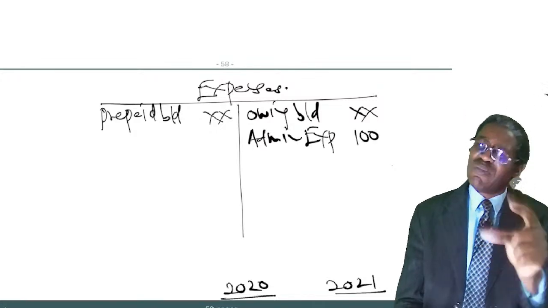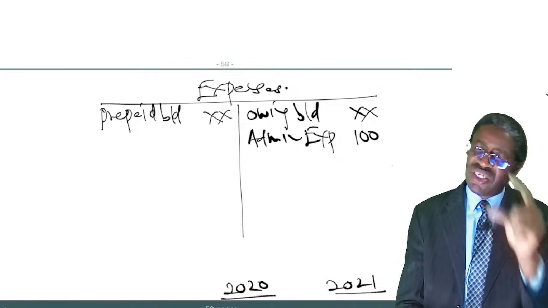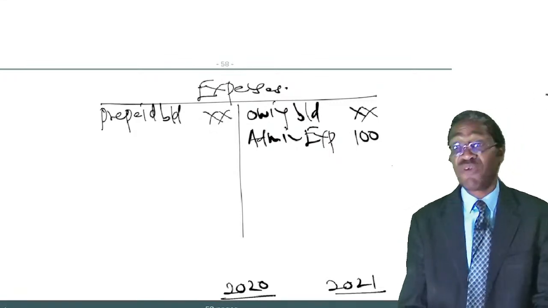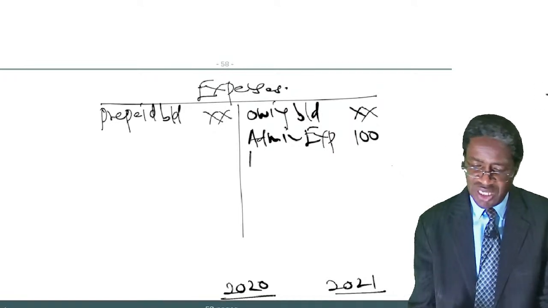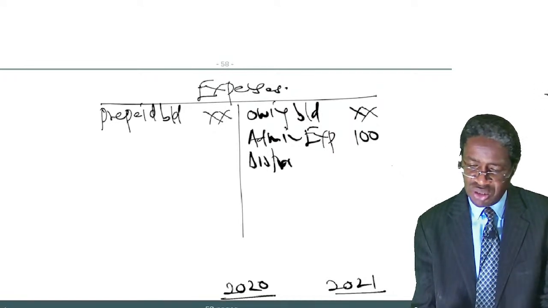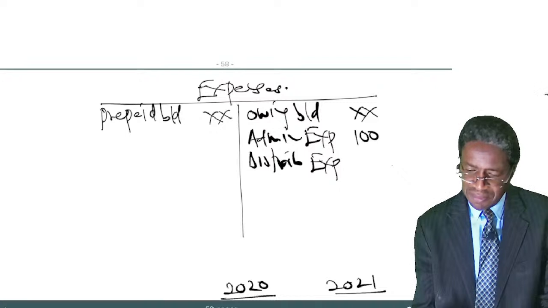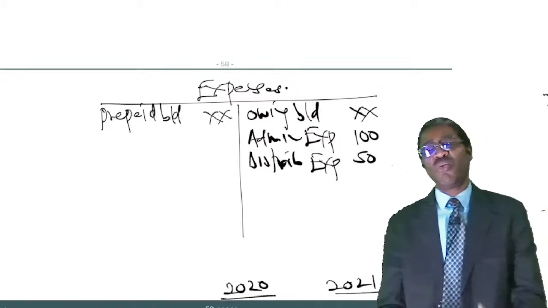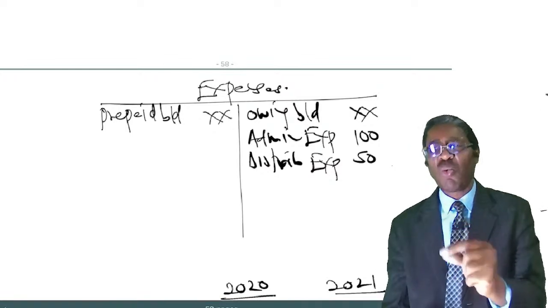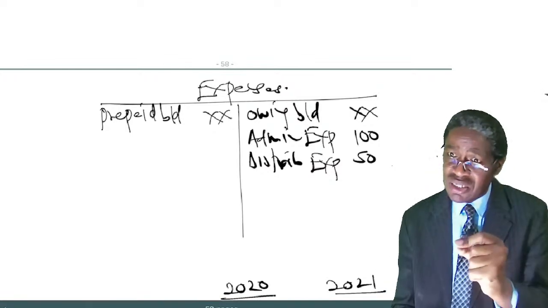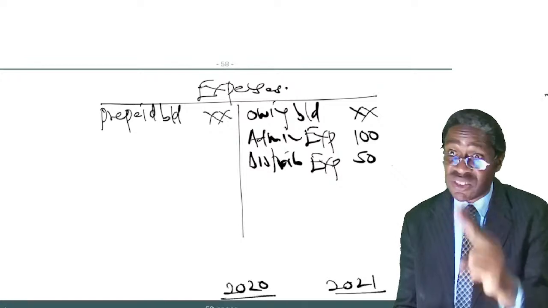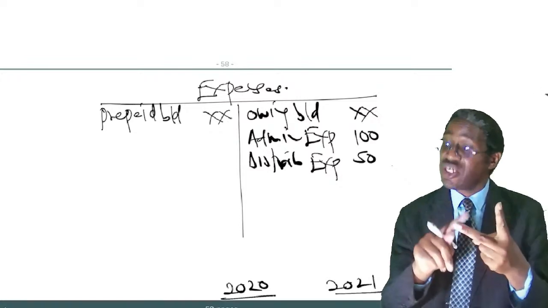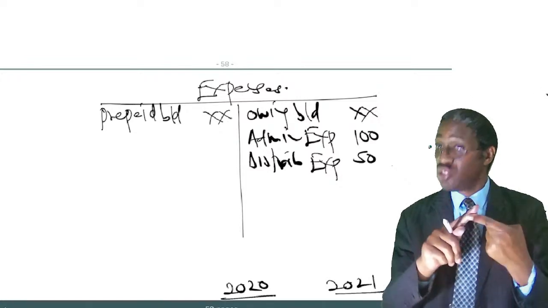Same, we debited the P&L account with the distribution expenses of 50 million. So you come and credit here, you say your distribution expenses. Now listen carefully. We are trying to look for what is it that we paid for these two services, the admin expenses and the distribution expenses.